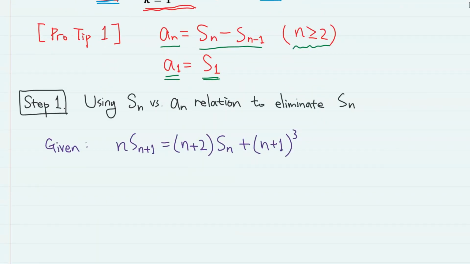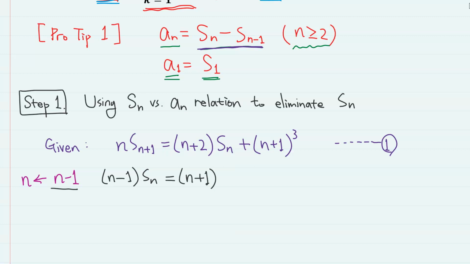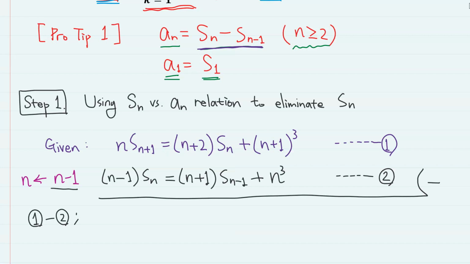So let us manipulate the given recurrence relation to obtain expressions like Sn minus S(n-1). So we have this, and substituting n minus 1 instead of n gives (n-1) Sn equals (n+1) S(n-1) plus n cubed. So we have these, and let's do the subtraction.